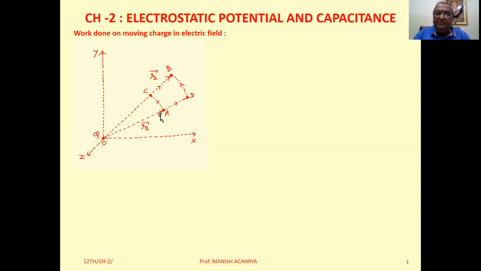In that electric field, suppose we want to move charge small q from point A to point B. Point A has the position vector r1 with respect to the origin, and point B has the position vector r2 with respect to the origin. Now we want to move this charge small q from A to B.